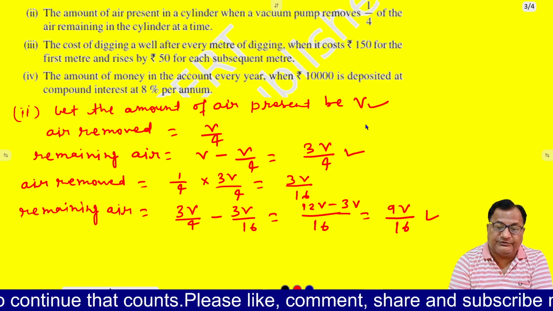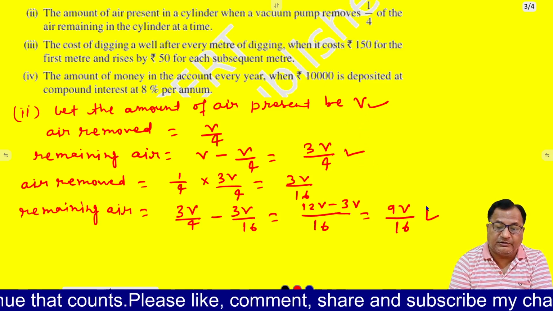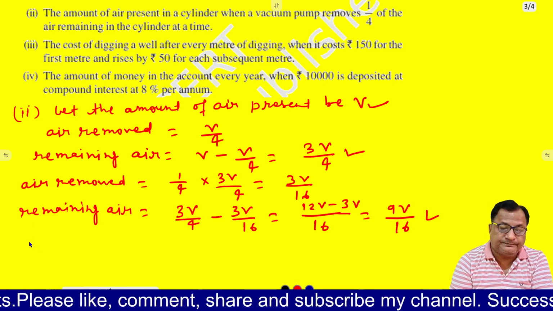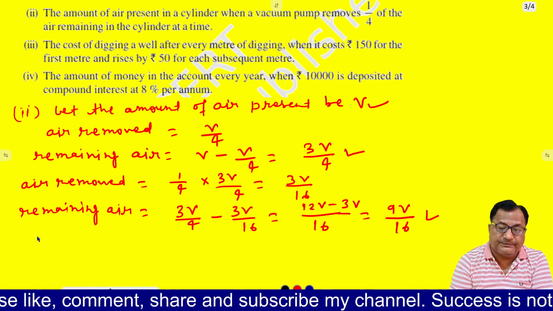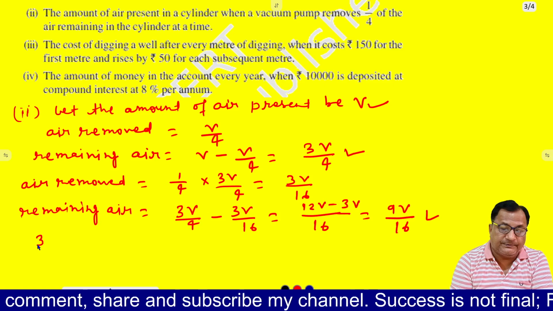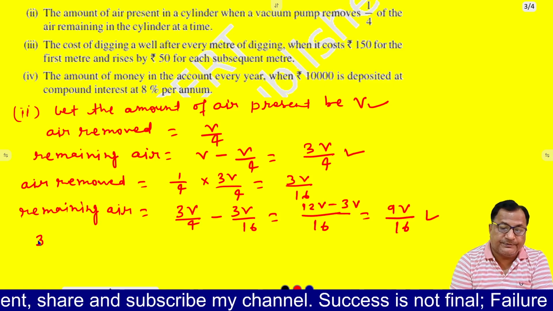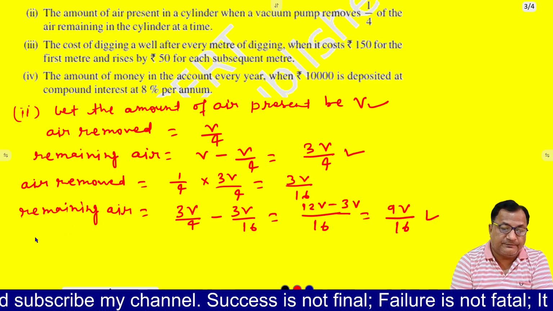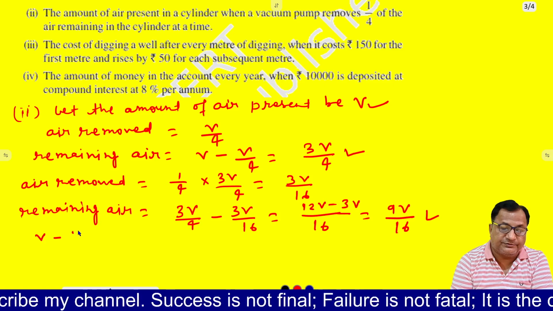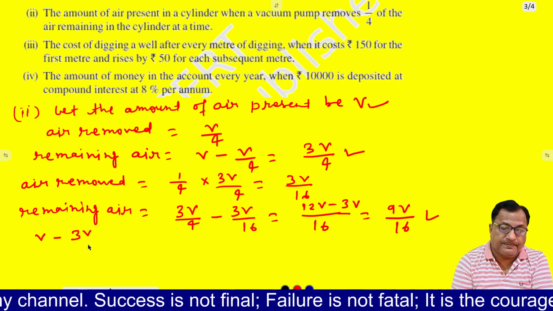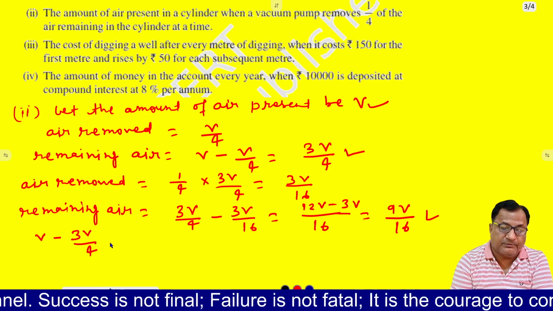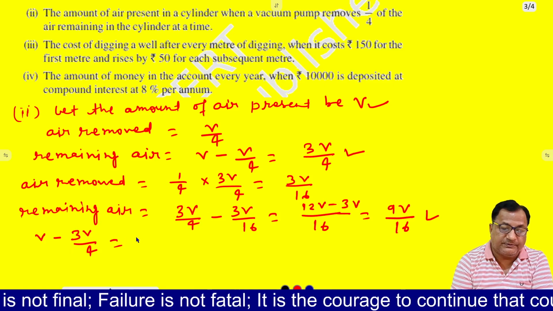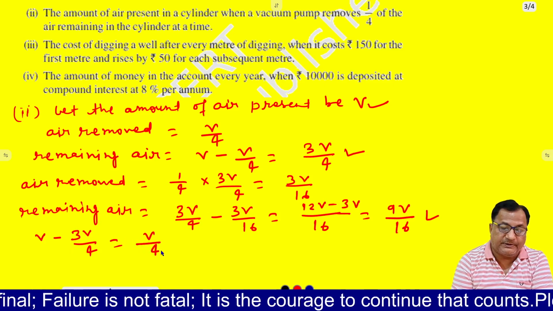We will check whether this is in a series or not. So first, 3V by 4 minus V is equal to V by 4 in magnitude.